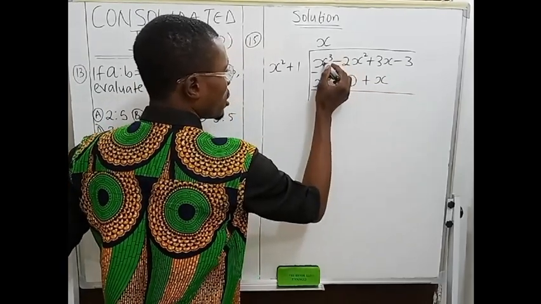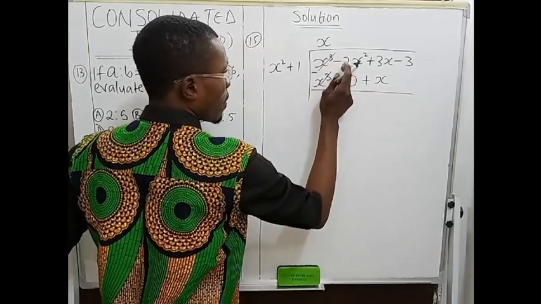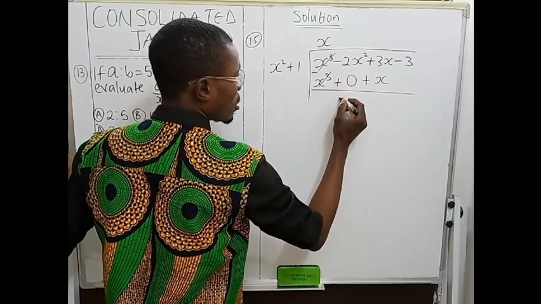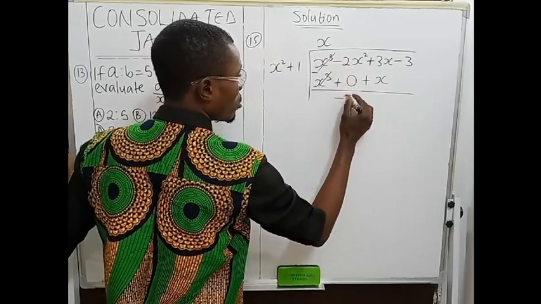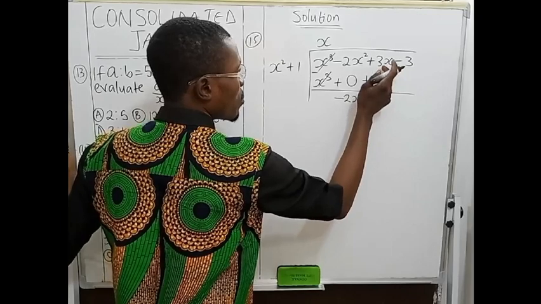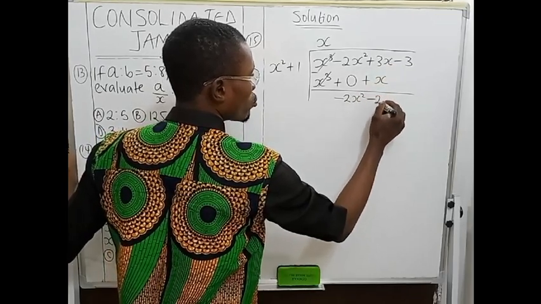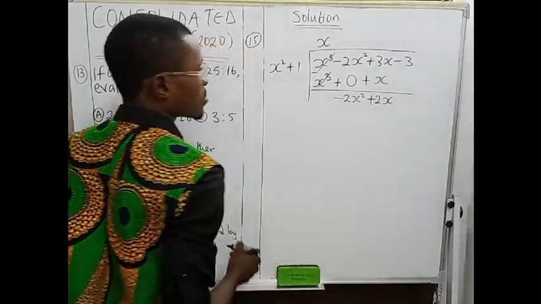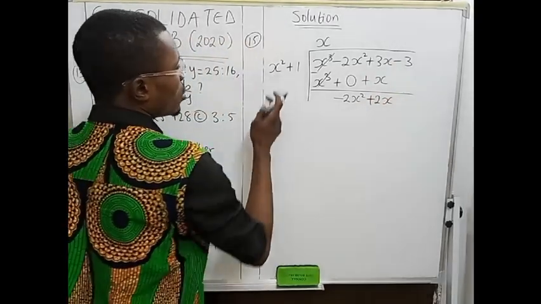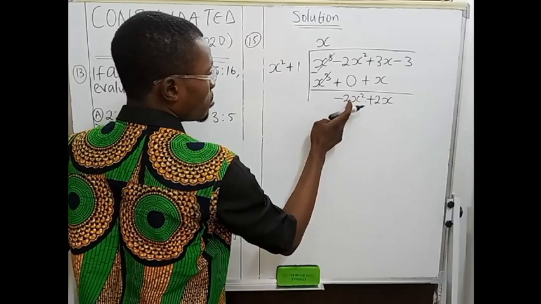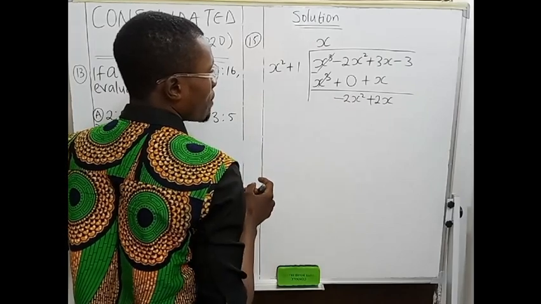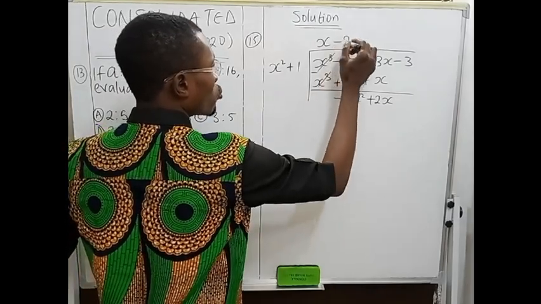What do we have? This minus this cancels out, right? Minus this plus this, minus this gives us minus 2x squared. 3x minus x, we have plus 2x. All right, so x squared into minus 2x squared, we have minus 2.